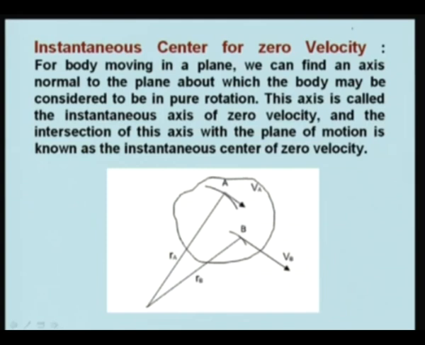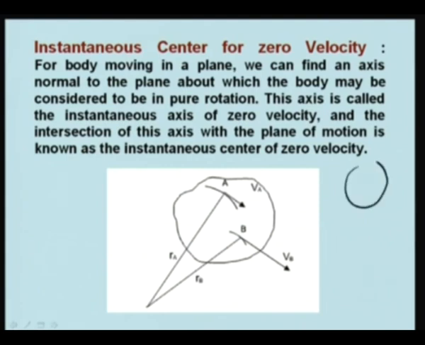We can always find a point about which the body can be considered to be in pure rotation. This axis is called the instantaneous axis of zero velocity, and the intersection of this axis with the plane of motion is known as the instantaneous center of zero velocity.